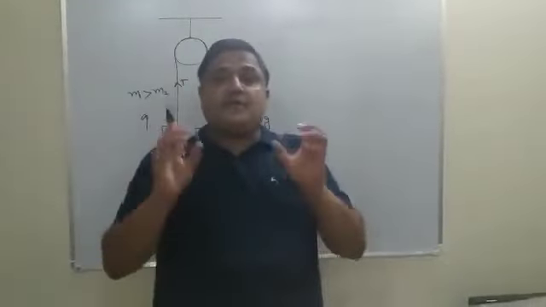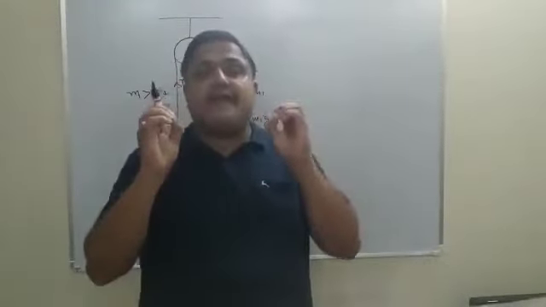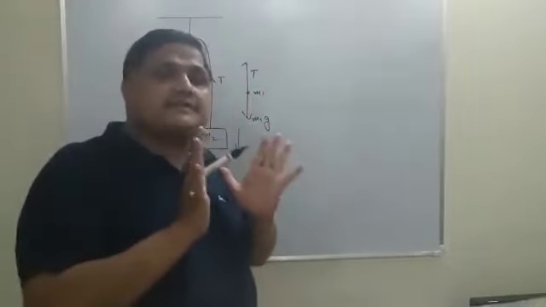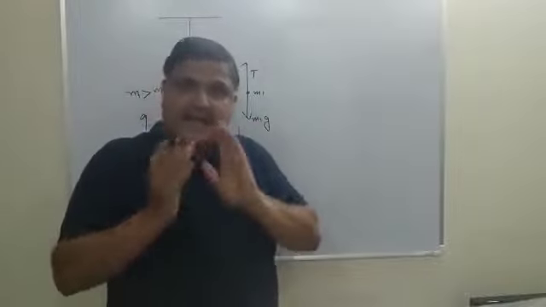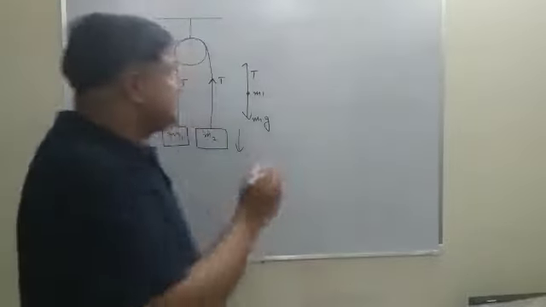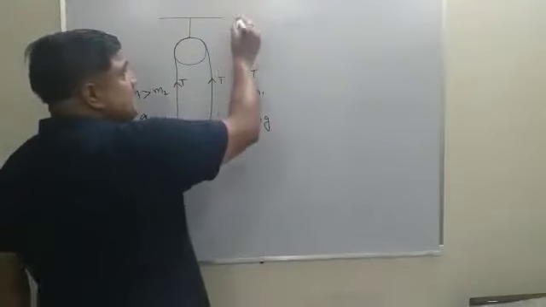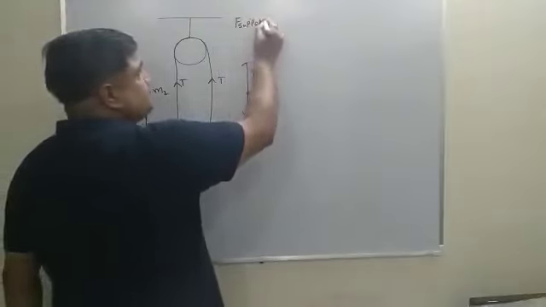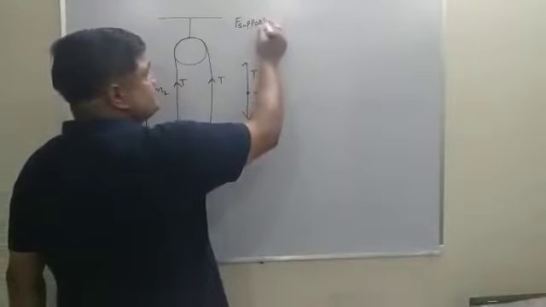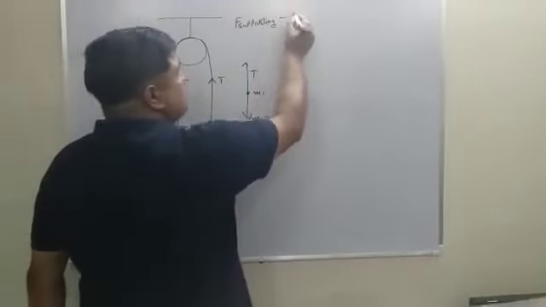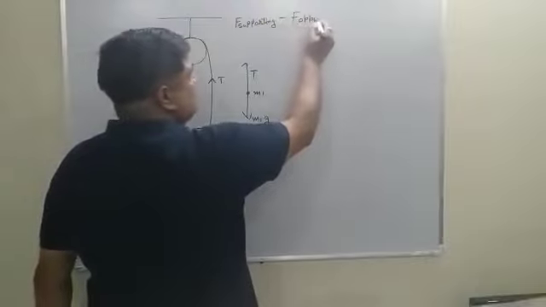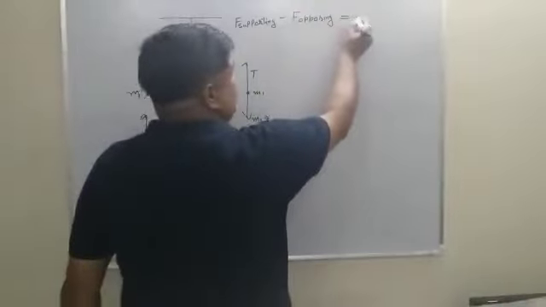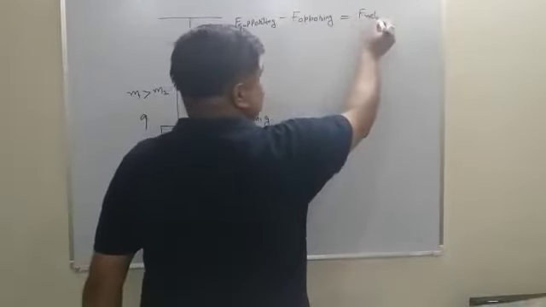Here I will tell you, there is a baseline in each chapter on which 70% of questions are based, and the baseline in this chapter is: supporting force minus opposing force is equal to net force.